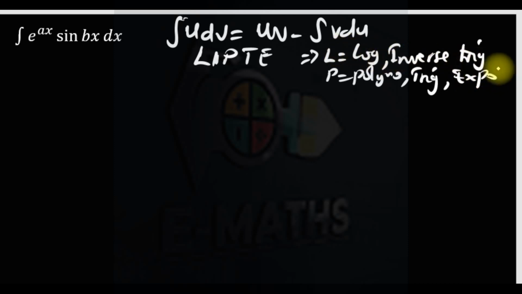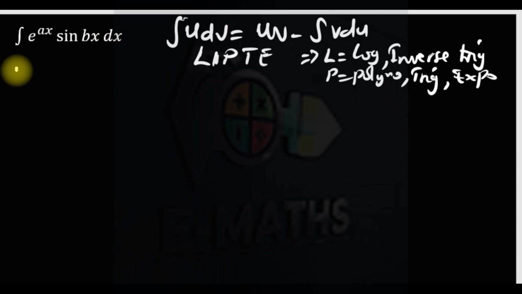So that's the order of u: you first check logarithm, inverse trig, polynomial. Looking at this, you see that trig is before exponential. So our u is this, and our dv is e raised to the power ax dx.